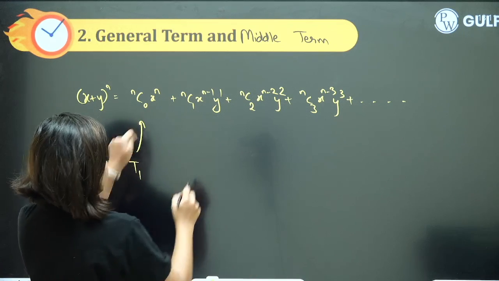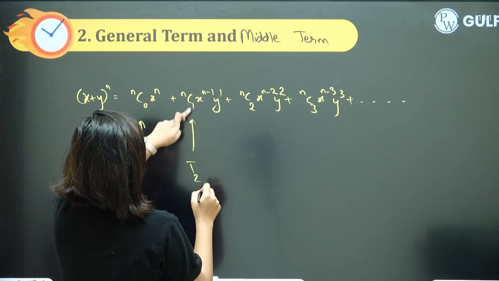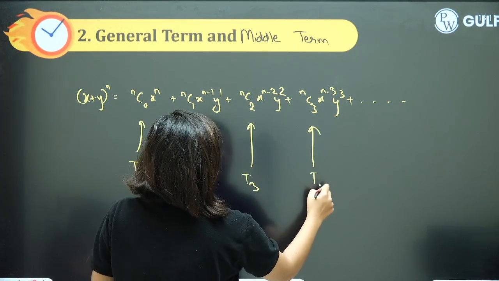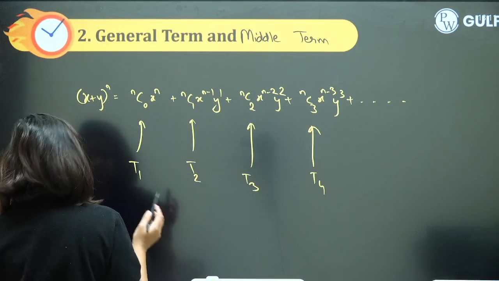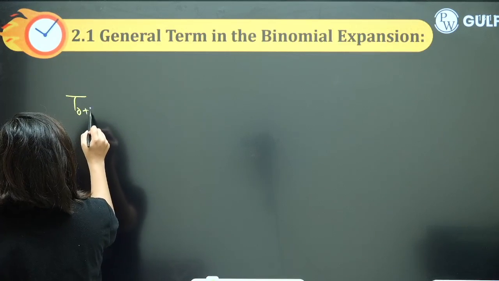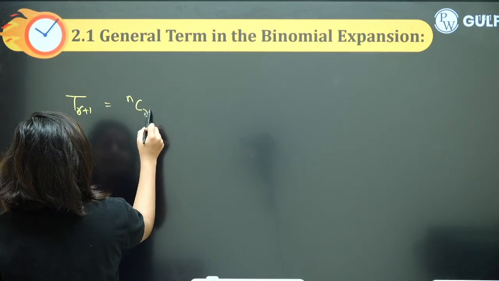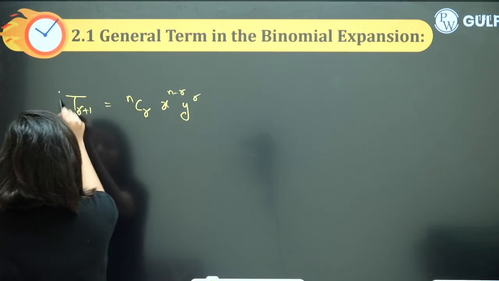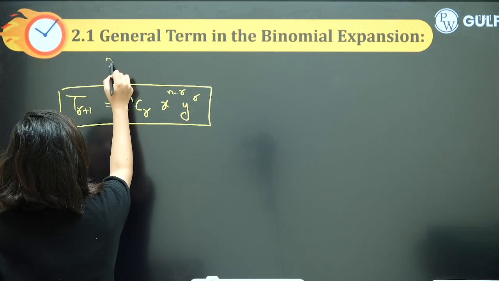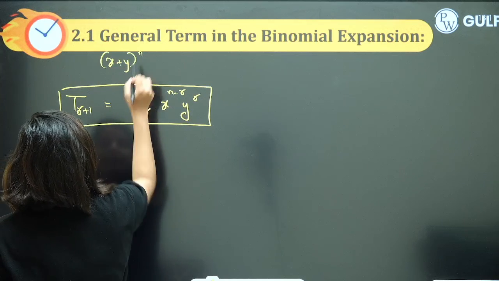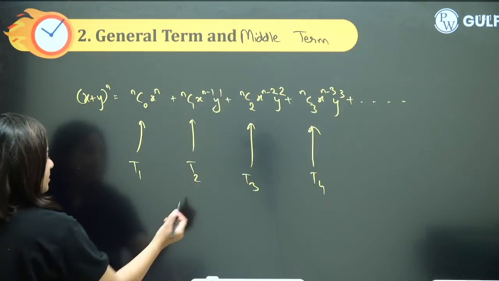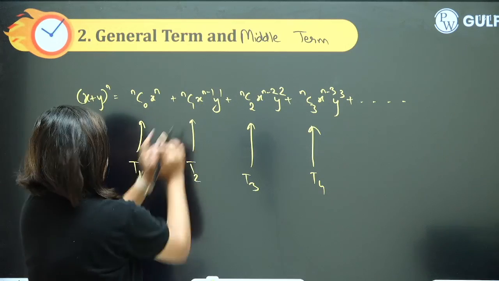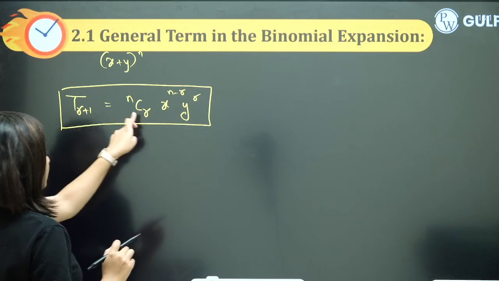For the first term this is 0, for the second term it is 1, for the third term it is 2, for the fourth term it is 3. So in general, if I want the t of r plus 1th term, I'll have the formula NCr x raised to n minus r y raised to r. That's your formula for the general term in the expansion of x plus y raised to n. For the first term this should be 0, for the second term this should be 1, so for the r plus 1th term, this should be r.